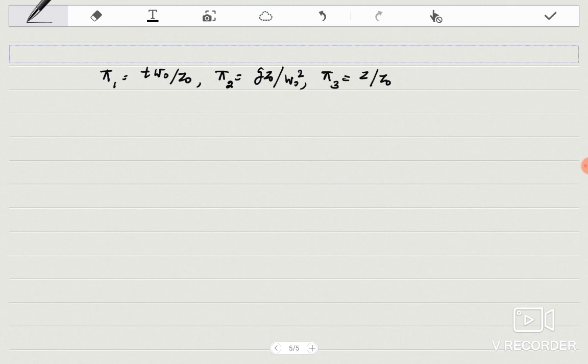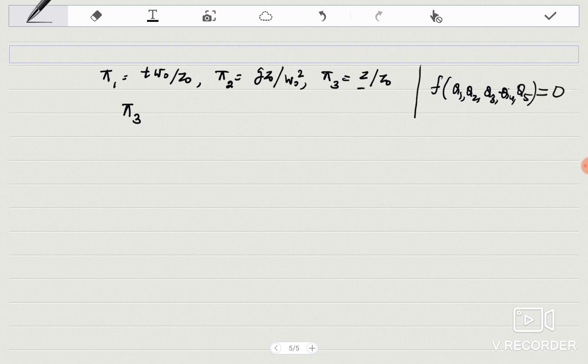Now the question was, what is this elevation z? So what I write, Buckingham pi theorem says that my original problem, suppose q1, q2, q3, q4 and q5, I was having 5 parameters, is equal to 0.